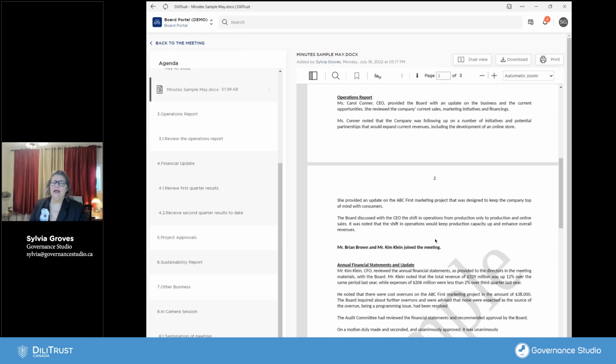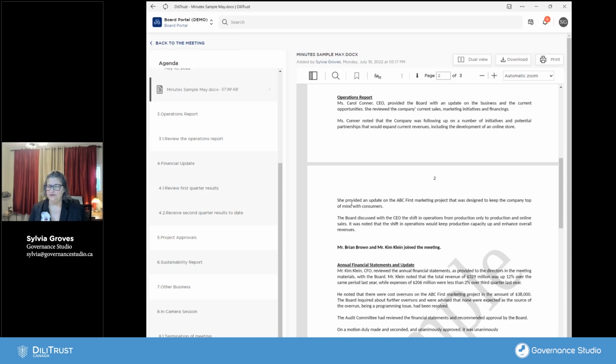Not every item on the agenda is a decision item, but a lot of items will be about the progress that management is making on key initiatives. So again, it's really important to always be showing that the directors are overseeing management and having conversations with them about specific items.